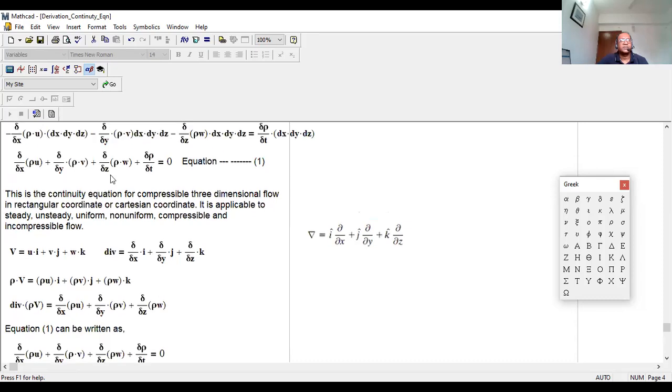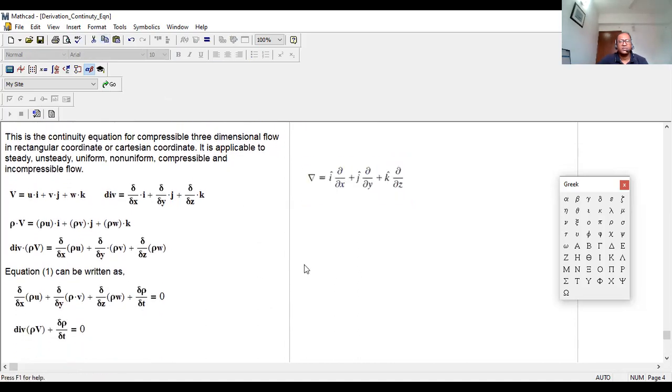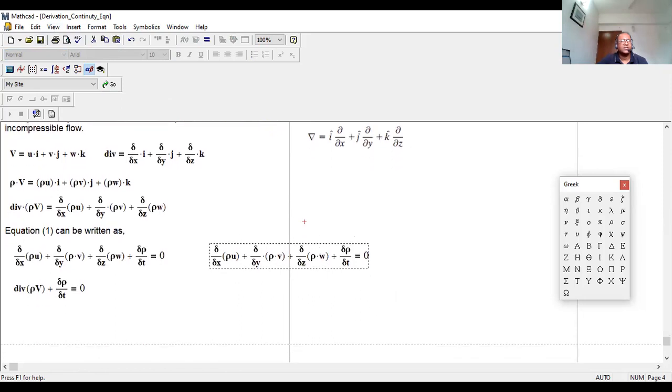At first, we rearrange this equation. Then we get del dot ρV plus ∂ρ/∂t.